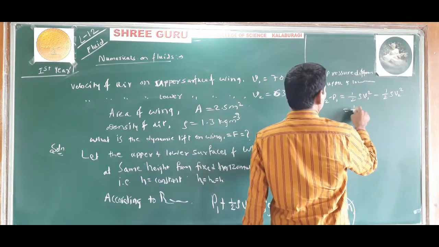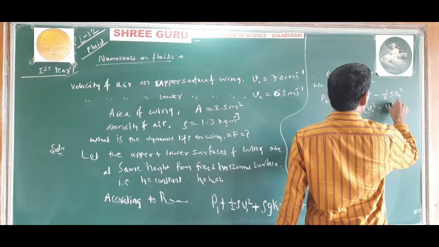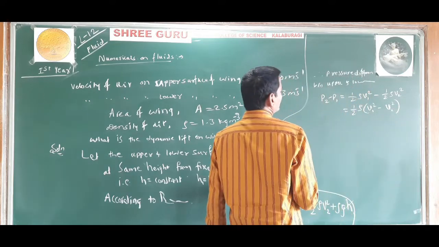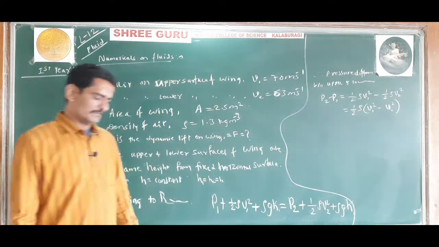So 1 by 2 rho is taken common, V1 square minus V2 square. This is the difference in the pressure.